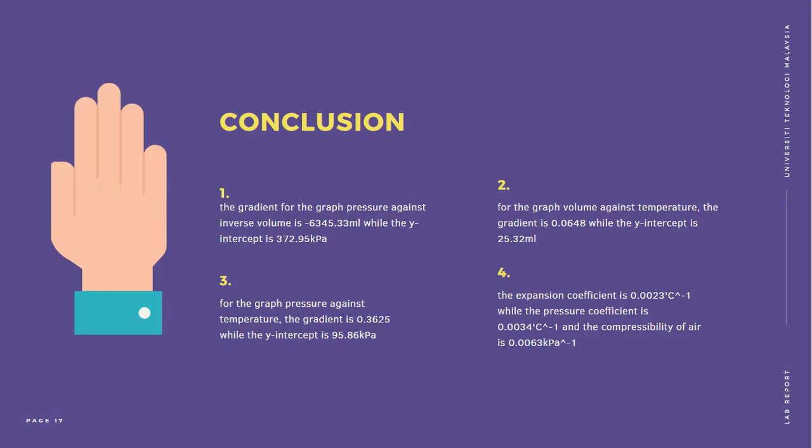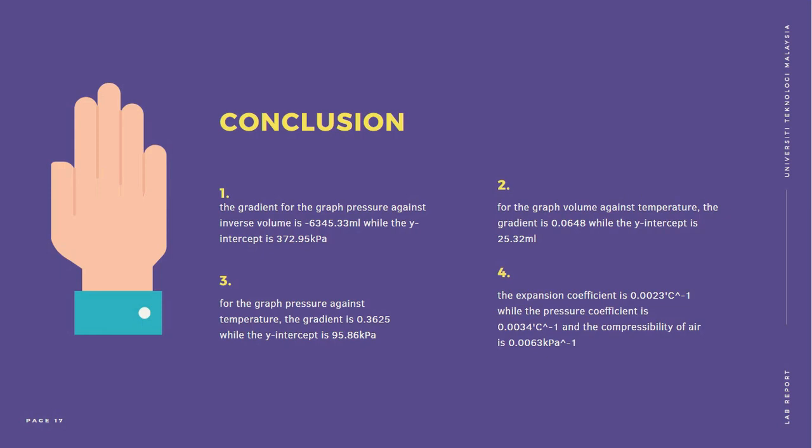And as for the conclusion for this experiment, we got that the gradient for the graph pressure against inverse volume is negative 6345.33 ml, while the y-intercept is 372.95 kilopascal.